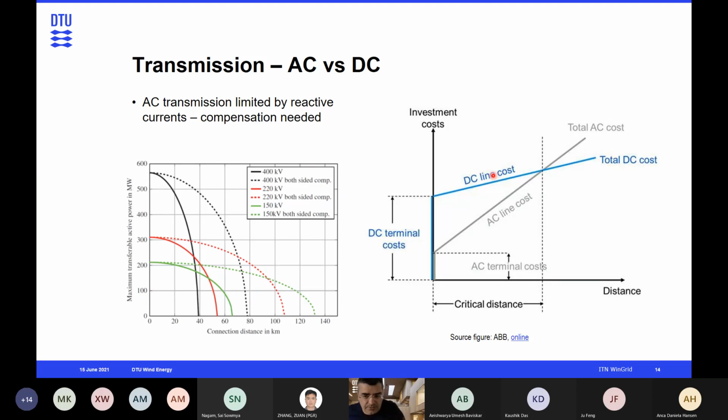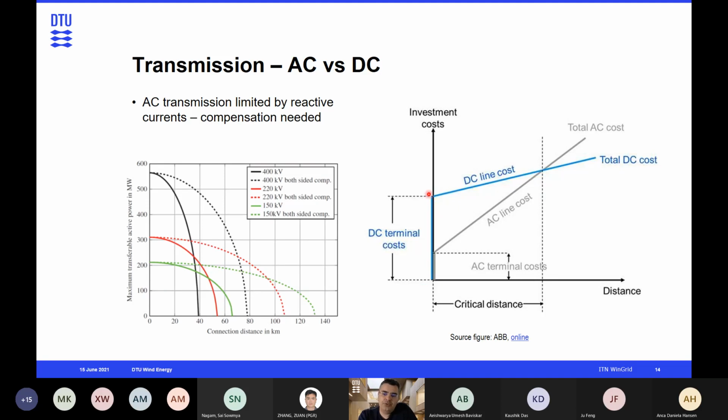You can see it in many shapes and forms, but what it shows is that while the initial cost, the CAPEX, for an AC connection is rather small because there are few components, the OPEX, or the cost related to the losses, increases quite steeply with the distance. In the case of DC it is the other way around, where we have a high initial capital cost because you have to have the converters and much more infrastructure that needs to be built in the beginning.